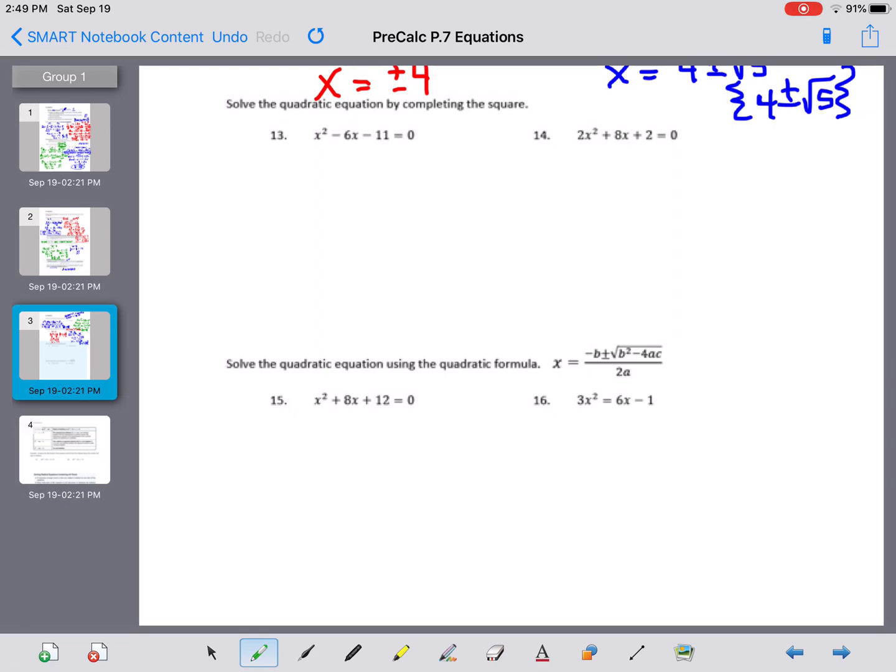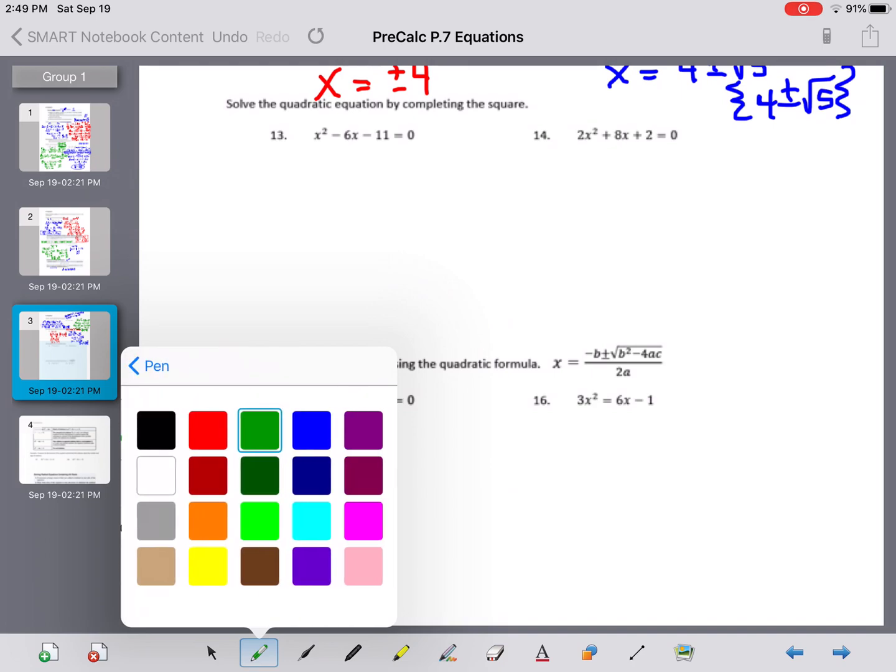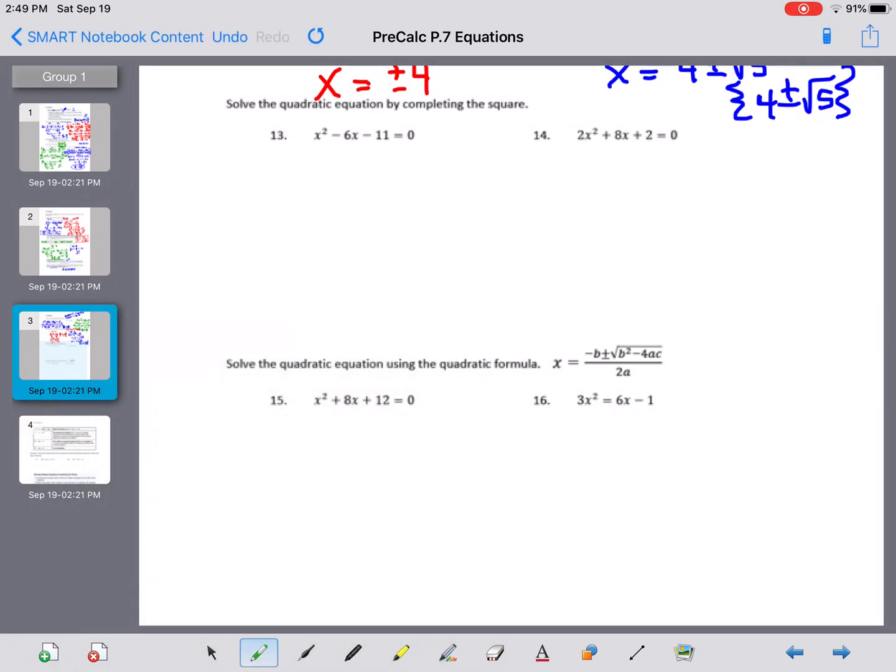Okay, so just to step you through a few of these. Hopefully I can write this somewhat legibly. The first thing we're always going to do when we complete the square is divide by the coefficient of x squared, if there is one. That's the first step.